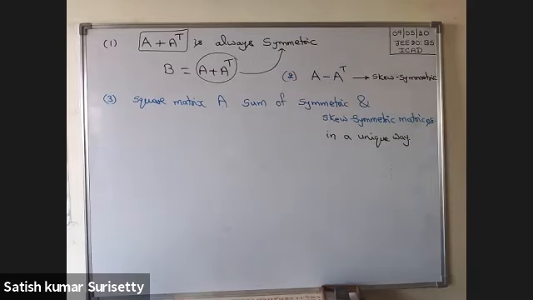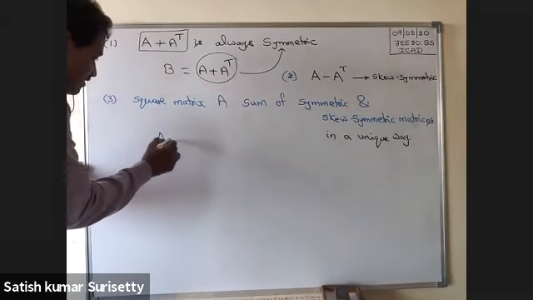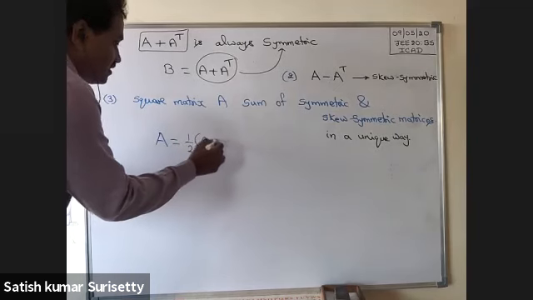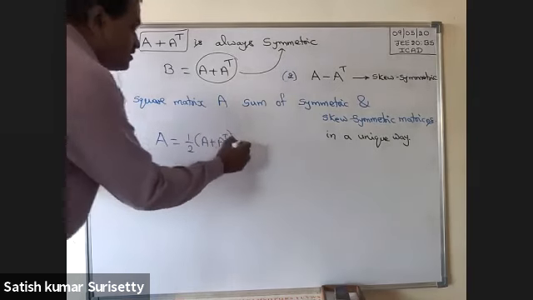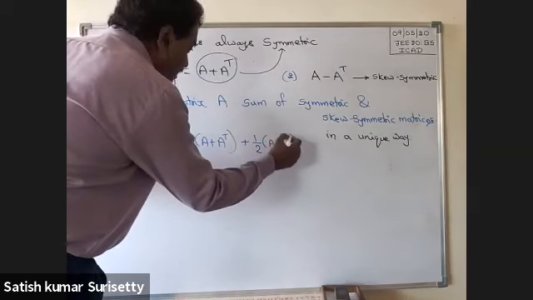Sir, we will add the first two proofs. If you add first two, it is enough. Divide by 2. Good. You have to divide by 2 also. Right. That is A equal to half of A plus A transpose plus half of A minus A transpose.